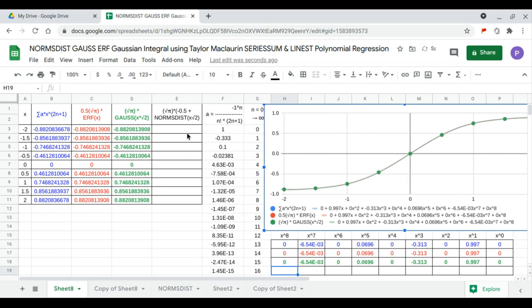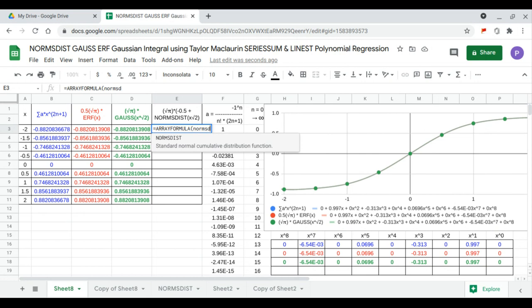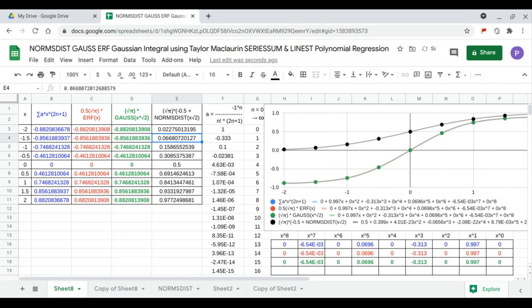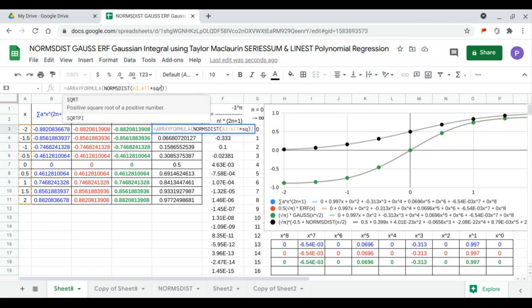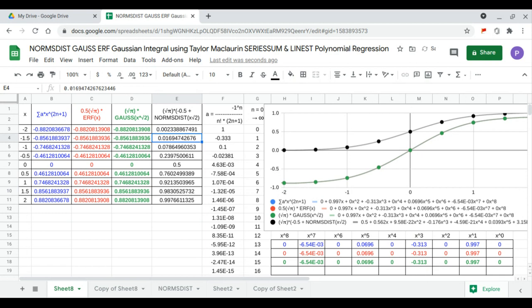And finally, we go to the NORMSDIST. So this is equal to the formula, NORMSDIST of the x values. And we multiply by square root of 2. Now that we've multiplied by square root of 2, the next step will be to add negative 0.5.